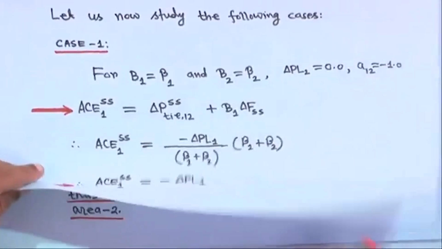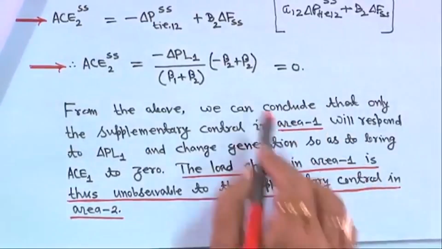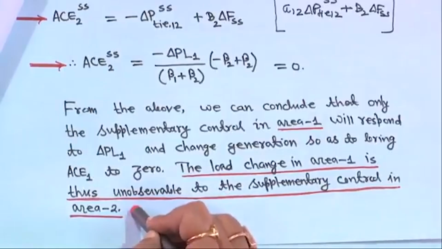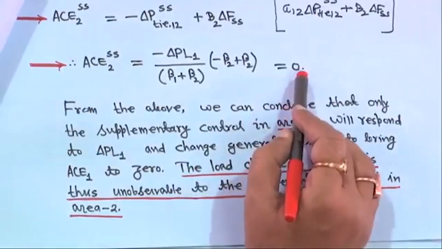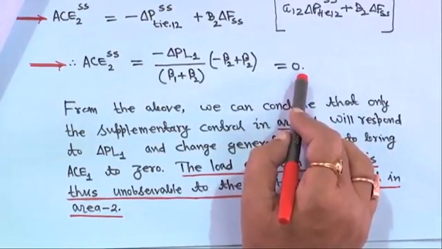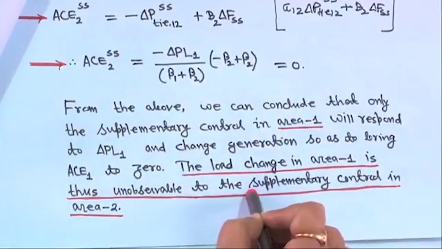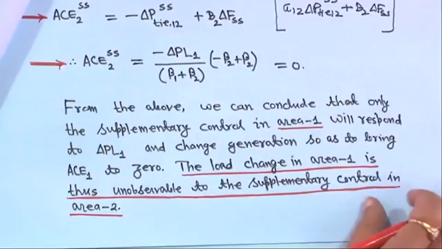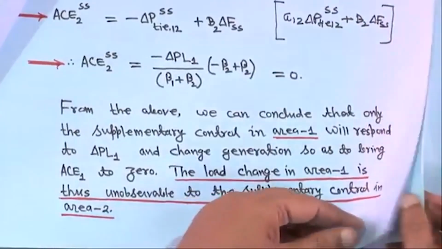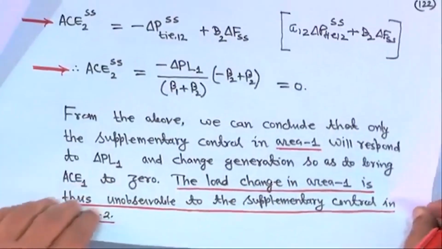Whereas AC2 SS you have seen is 0, so the load change in area 1 will be completely unobservable by the supplementary control in area 2, because the disturbance in area 2, that is delta PL2, is 0. So, it will be totally unobservable because AC2 SS is 0. That is from the steady state point of view.